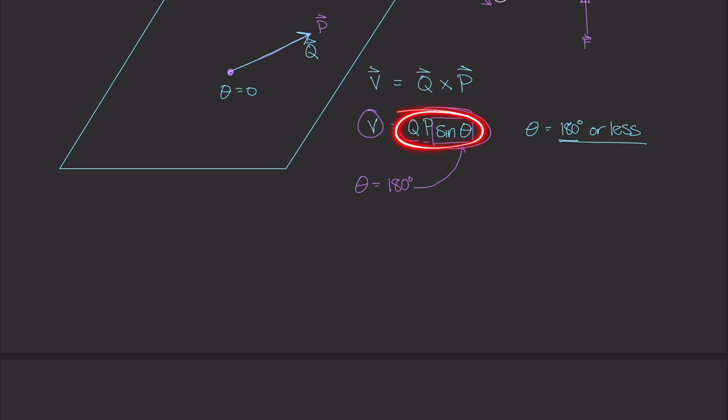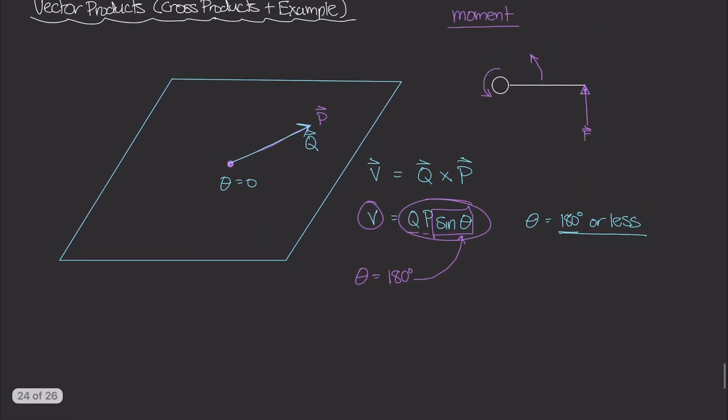So this whole term becomes 0. So the two cases that you need to watch out for, when you're trying to take the cross product, are when both vectors are in the same direction, in other words theta is equal to 0, or they're in exact opposite directions where theta is equal to 180 degrees.